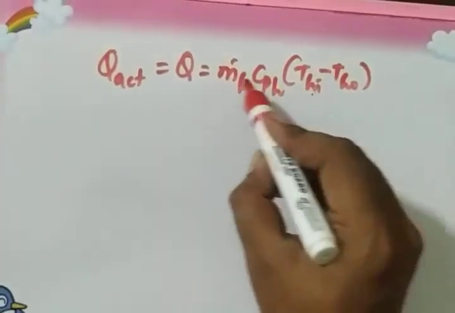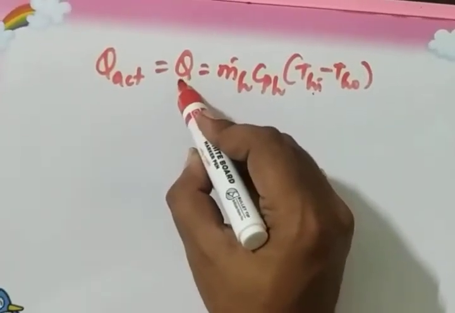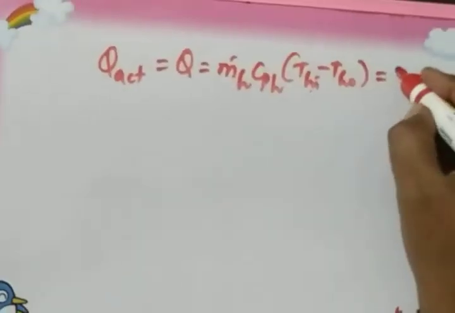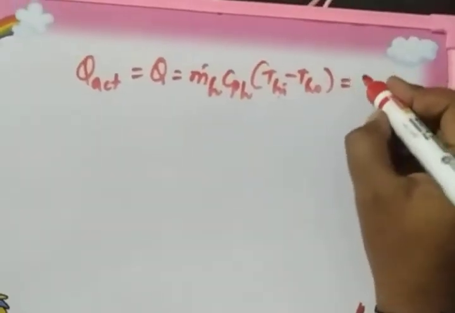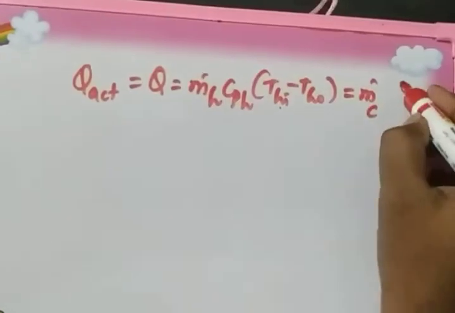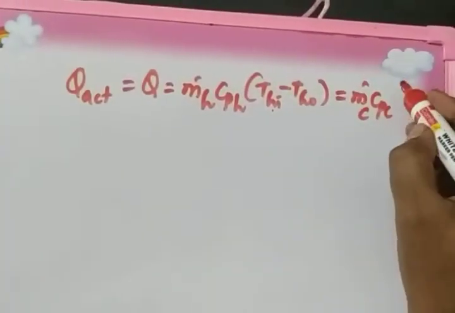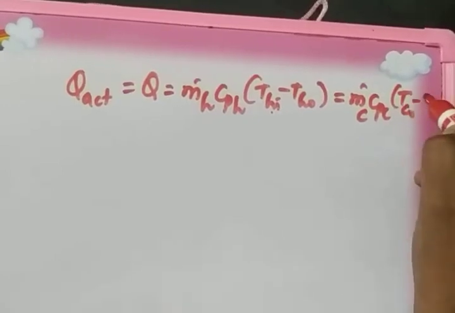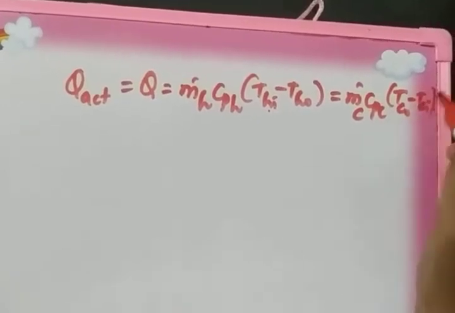This represents the heat lost by the hot fluid, which is also equal to the heat gained by the cold fluid, given by m dot c Cpc and the change in temperature for the cold fluid, Tco minus Tci.